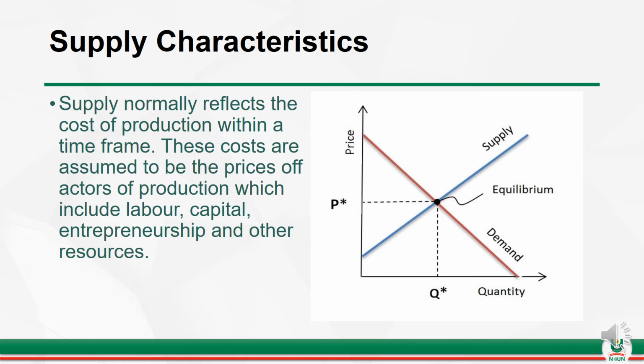So supply normally reflects the cost of production within a time frame. These costs are assumed to be the price of factors of production, which include labor, capital, entrepreneurship, and other resources. So costs are subdivided into fixed and variable, or average and marginal.